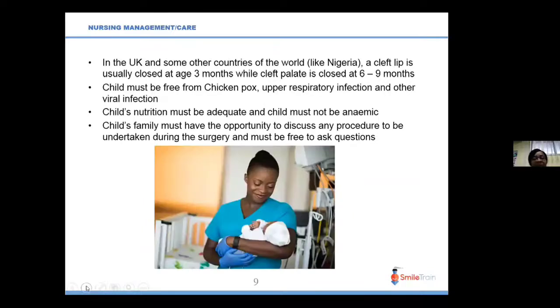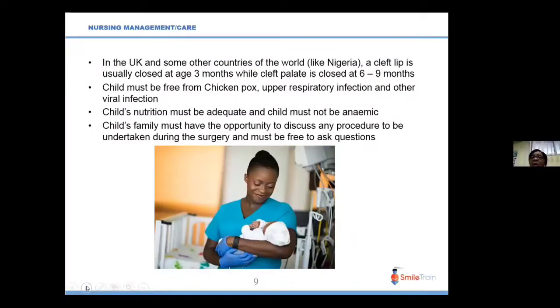Now, nursing assessment or nursing management. In the UK and some other countries in the world, like Nigeria, a cleft lip is usually closed. We do close it. Surgeries are done. Some do it from 2 to 3 months, but we in National Hospital do it at 3 months.